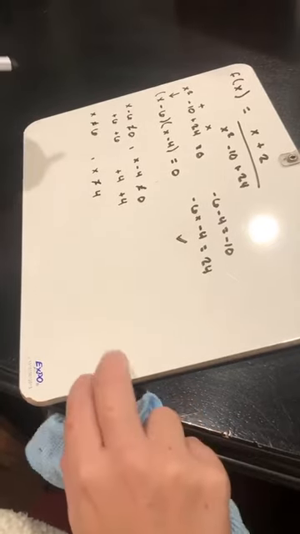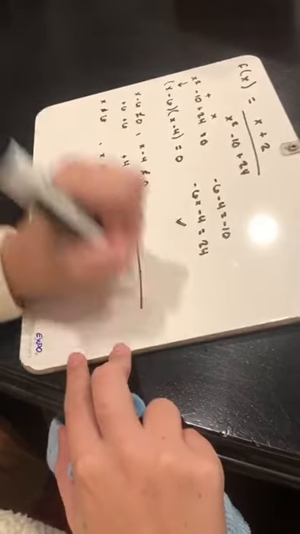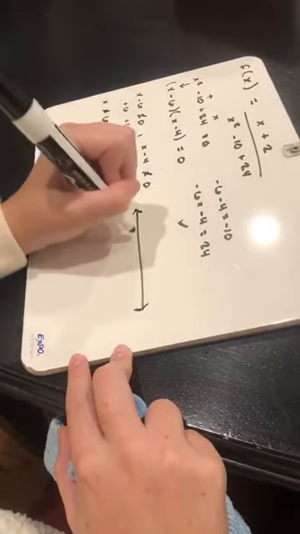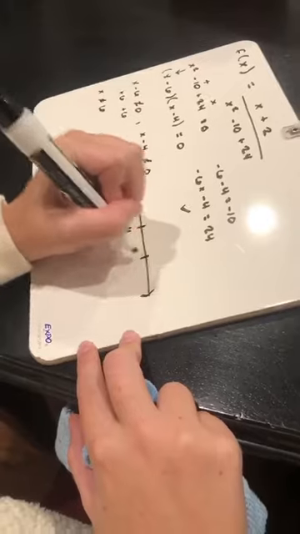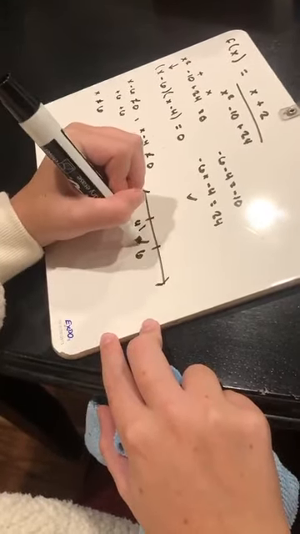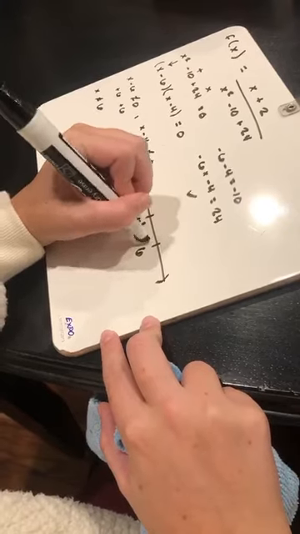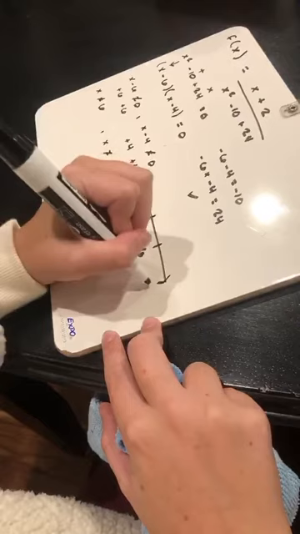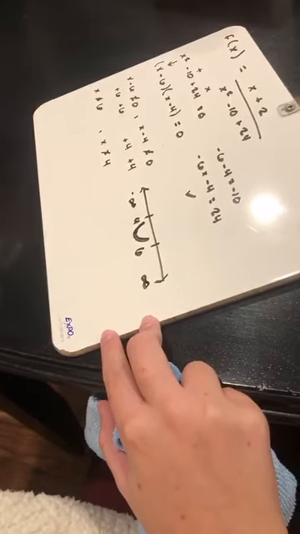So now what we can do is we can make a number line to help you visualize it a little more. You can put 4 and 6 on it, and this space in between it is what x is not equal to. That's called the union. And then we can have a negative infinity and a positive infinity on either side.